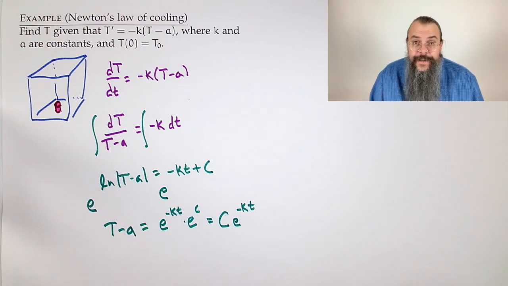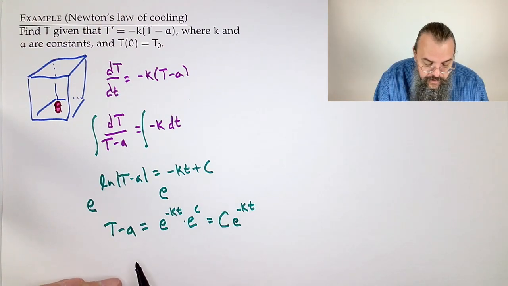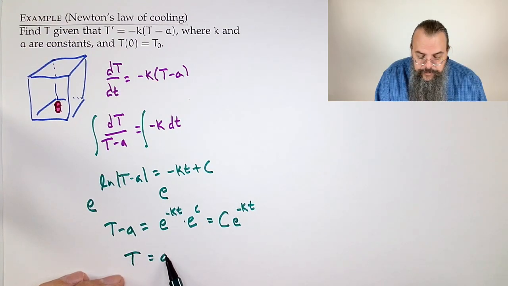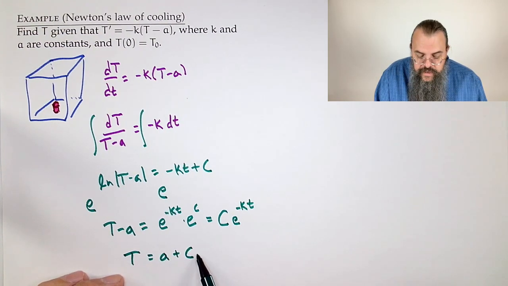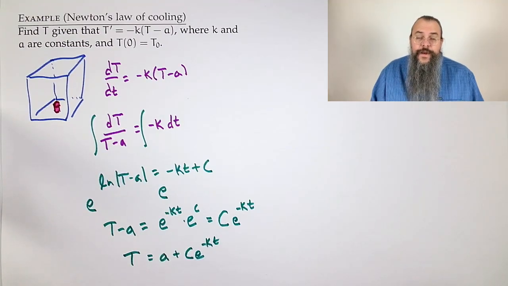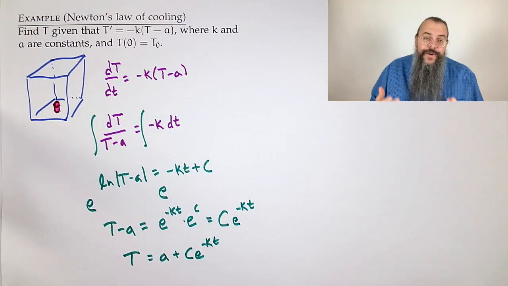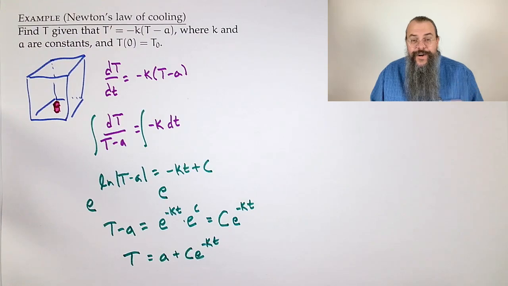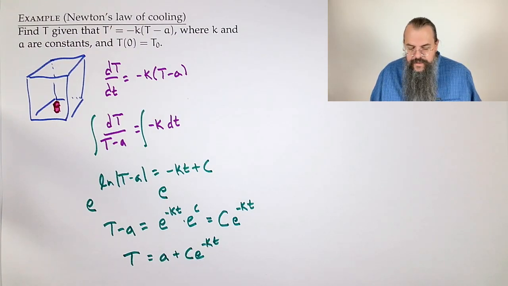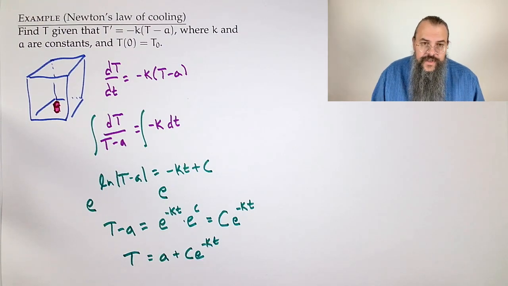All right, great. Well, we're almost done. So what do we get? Well, solving, T equals A plus C e to the minus kt. All right, so we're well into our uncomplicate phase. What's left? Well, we need to solve for our constant C. So at this stage, let's use our initial conditions.